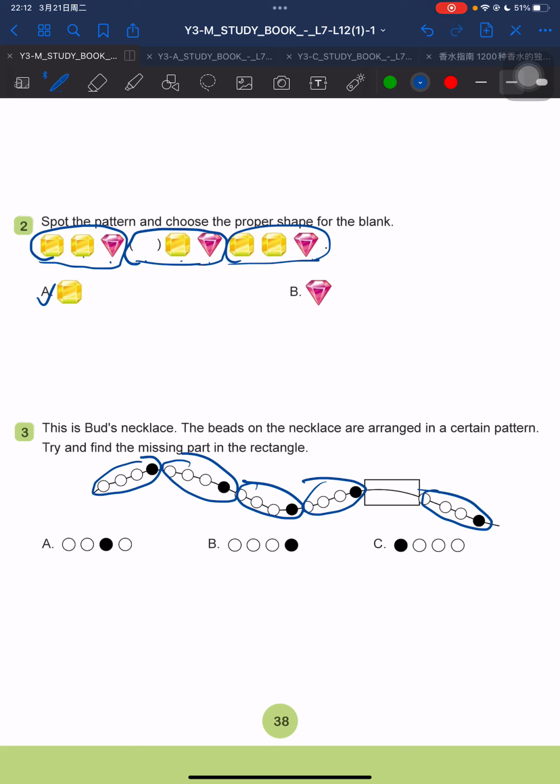So we'll find before this rectangle, a complete cycle has ended, and after this rectangle a new cycle starts. So in this rectangle we should have the same cycle. So which one should we choose? Great. The cycle is white, white, white, black. So we'll choose B. Great work.